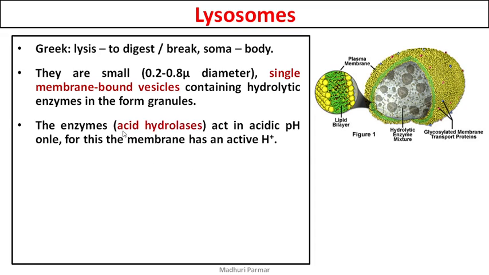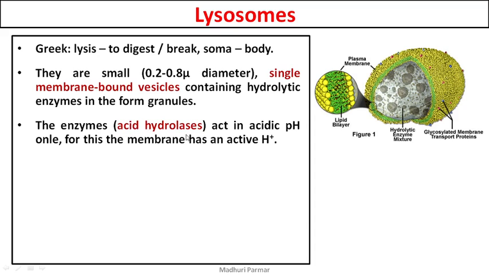Inside the lysosomes they are called acid hydrolases. Again, hydrolase means the same thing. You will study 6 different classes of enzymes, and hydrolase is one of them. Again, it means the same as hydrolytic enzymes. And what does this acid mean?